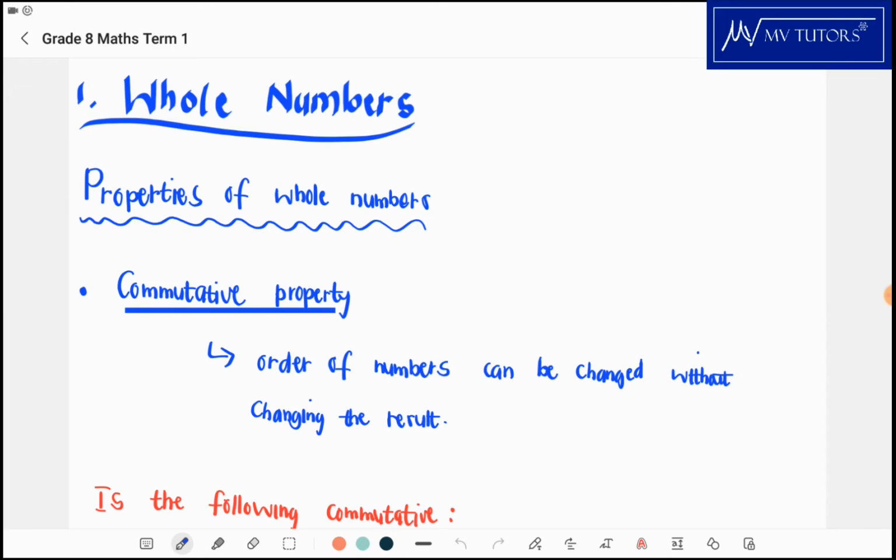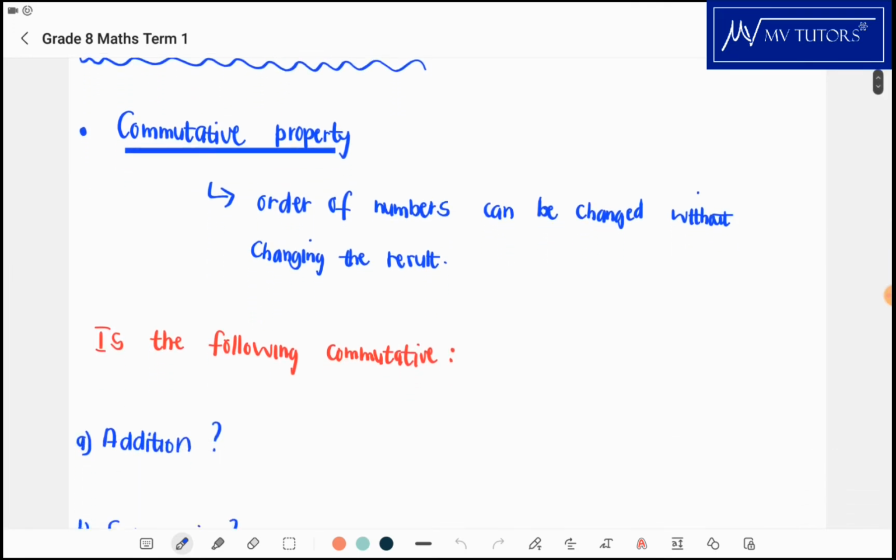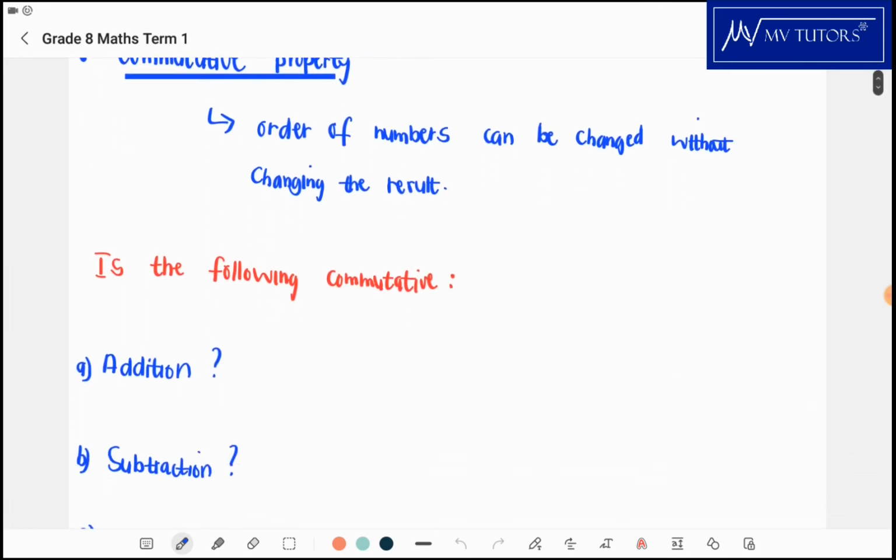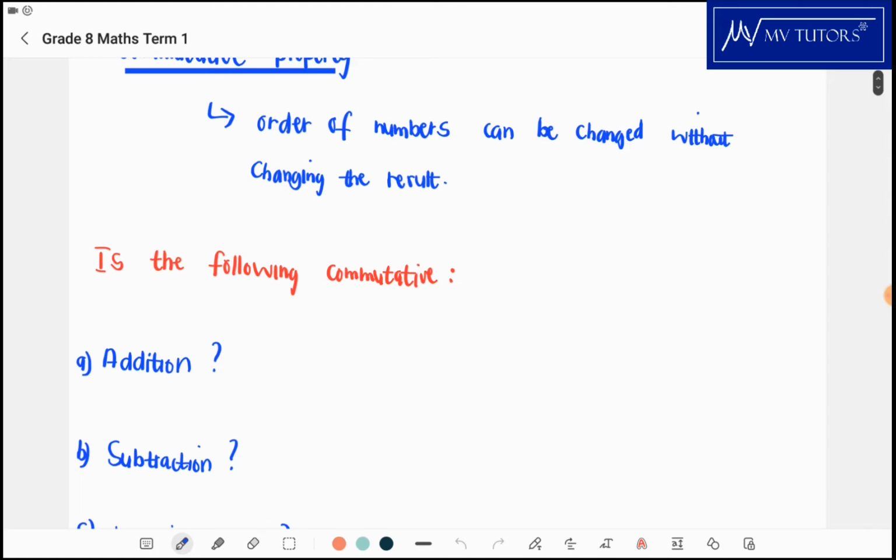And the first property we're going to talk about is the commutative property. What does that mean? It means that the order of numbers can be changed without changing the result. Is addition commutative? Well, let's see.